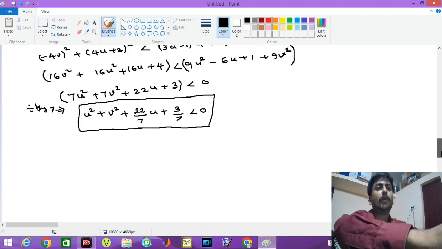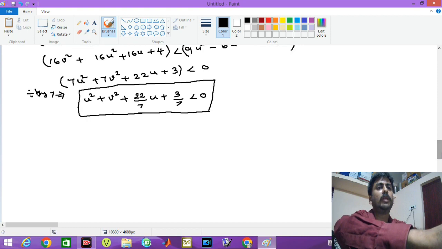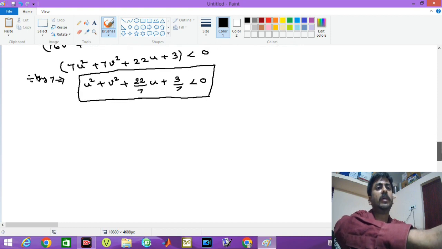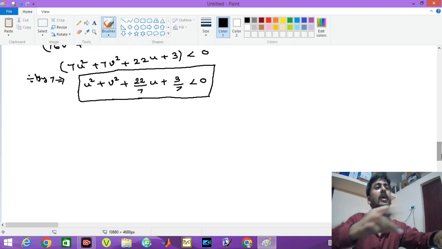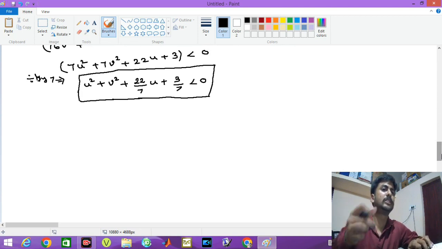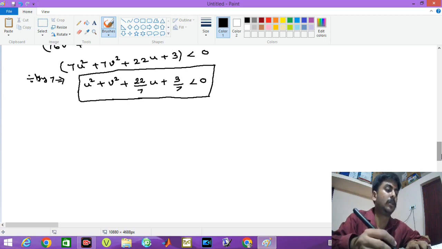So when modulus of z is less than 1 in the z plane, in the w plane it is less than 0. That is, the equation of circle is less than 0. That is the interior of the circle we are having. So we can write a conclusion.